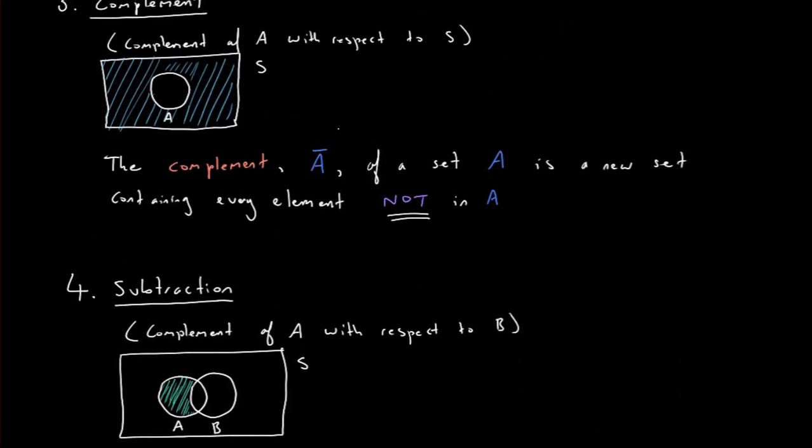Okay, so another way to write A bar is, rather crudely, as A minus S.